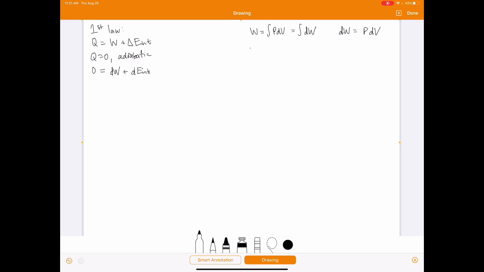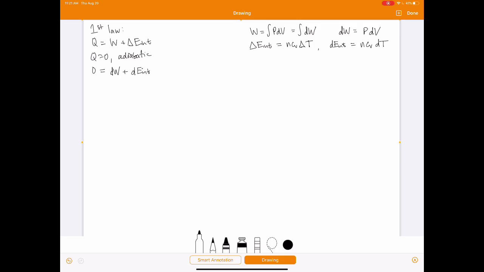What do we know about internal energy? Well, we know that delta E internal is equal to nCV delta T. That's a general expression we have. So if I'm talking about an infinitesimal change in internal energy, the way I would write that is just nCV dT.